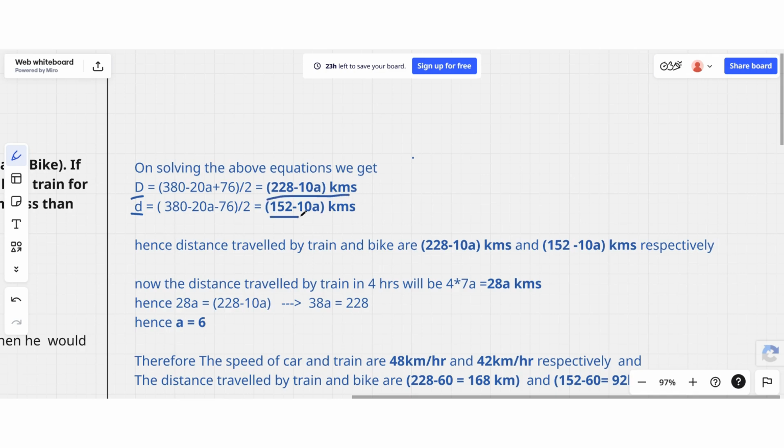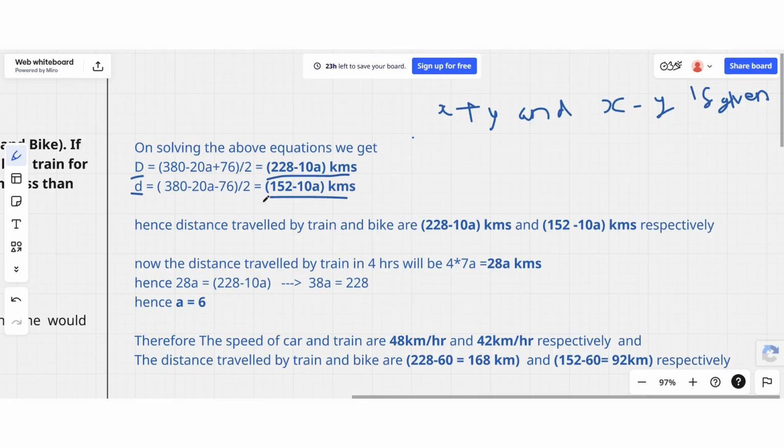These are the distances covered by the train and bike, and they are solved by using the expression: if x plus y and x minus y are given, then x can be calculated by taking x plus y plus x minus y divided by 2, which is done here.